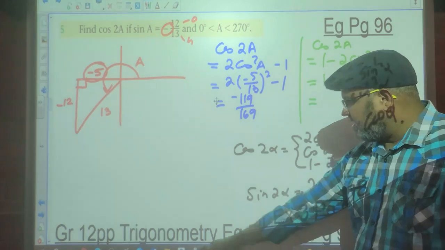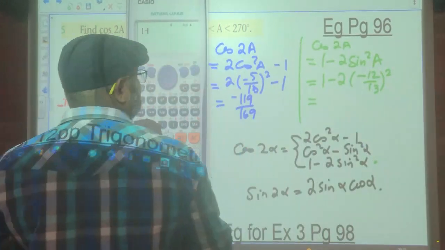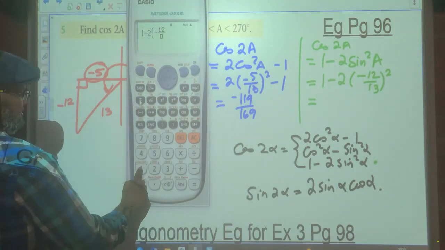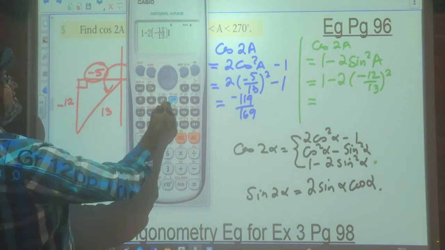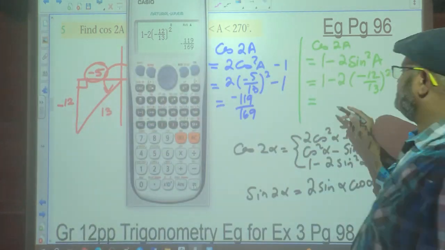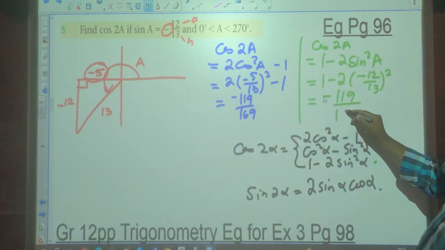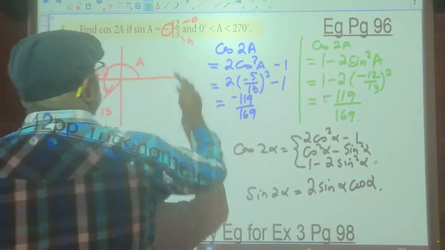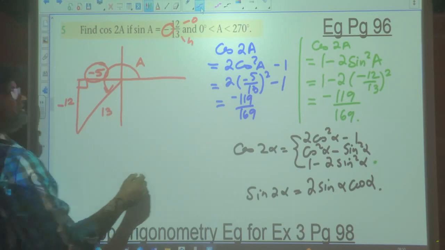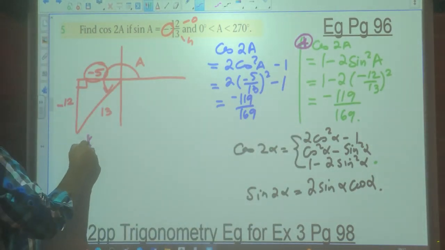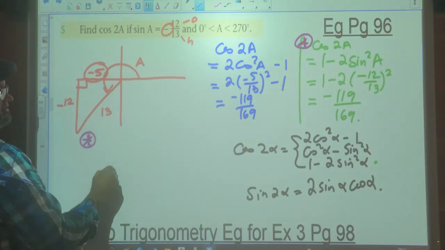So it's 1 minus 2 into negative 12 over 13 squared. Hang on. Same. So while we're at it, let's test the third one. Just for fun. You don't do all 3, I'm sure you do one of the 3.